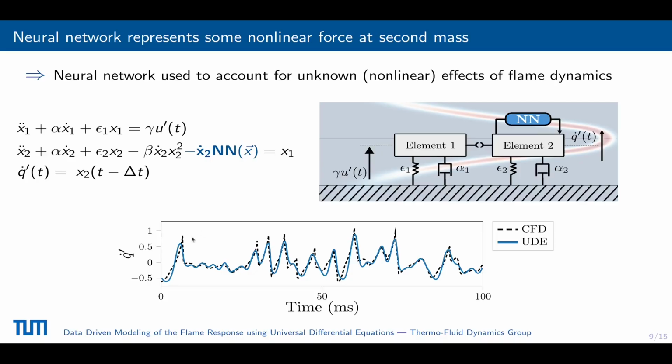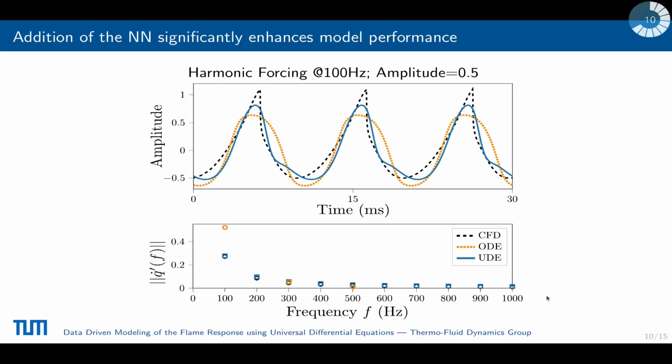And after training, we get a quite good looking performance in time domain. So again, calibration of all the weights now of the neural network and also of the parameters of our ODE is happening on time series data. If we now evaluate our new system, our UDE, in terms of harmonic response, we obtain the results presented here.